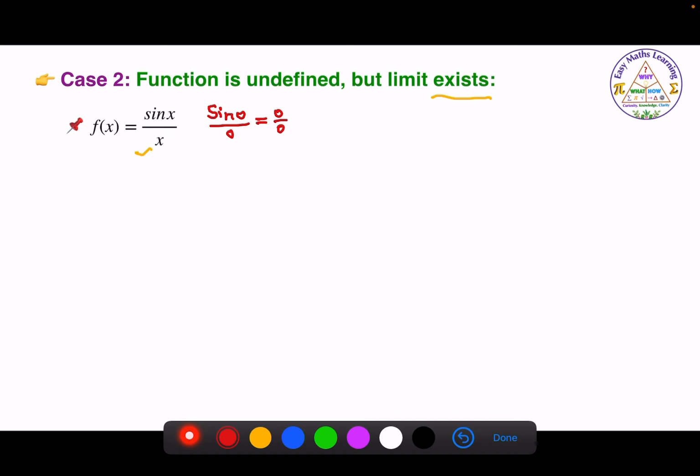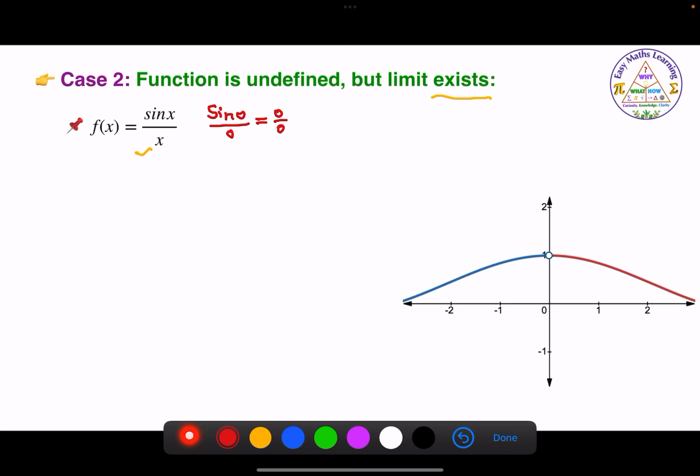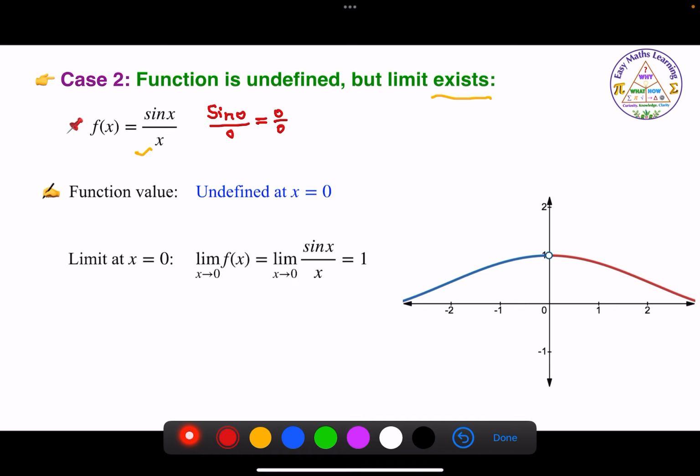So now question is, what is the limit value of this function at x equal to 0? So see, this is the graph of this function sin x by x. So clearly function is undefined at x equal to 0, but if we talk about the limit of this function as x approaches 0, it is 1.